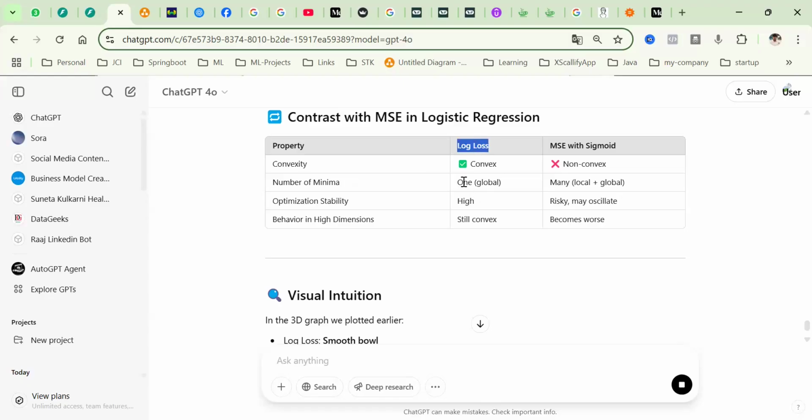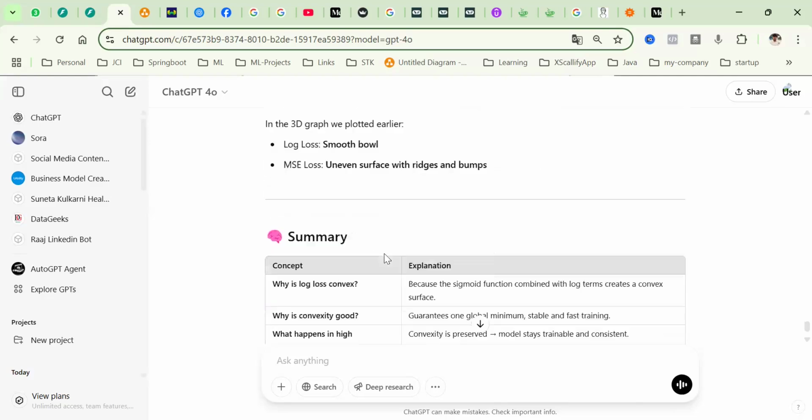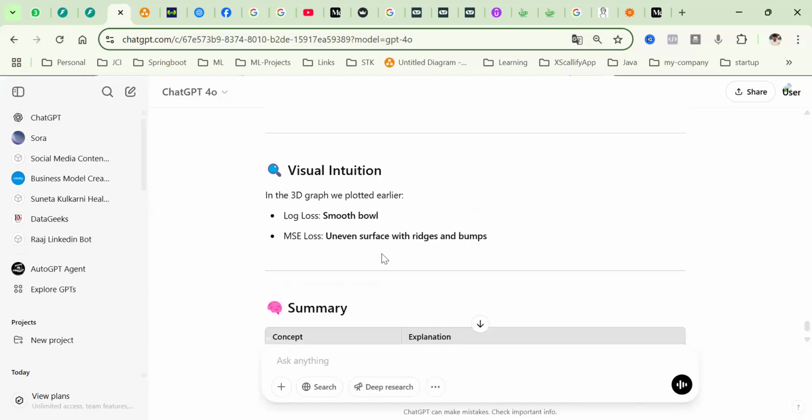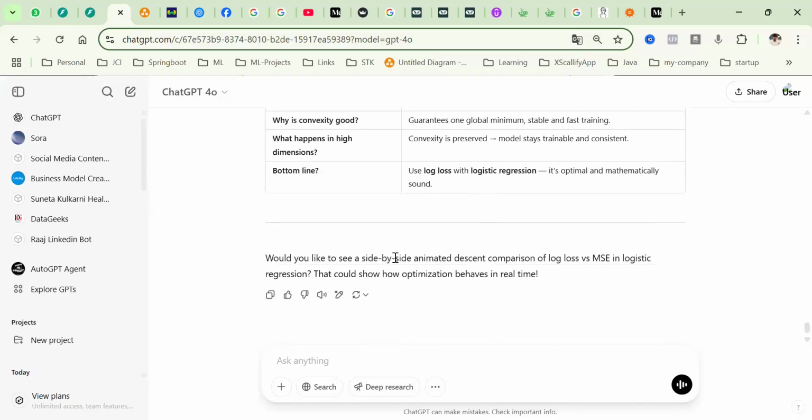In log loss, it has just one global minimum, whereas with MSE it has many local minima. Draw the graphs, let me see the graph in the case of log loss.